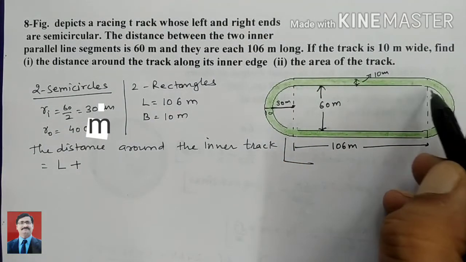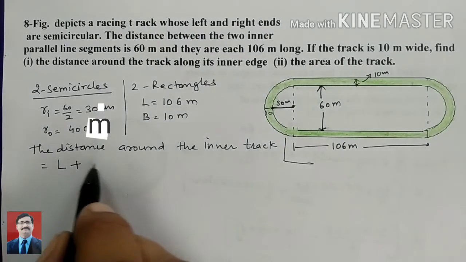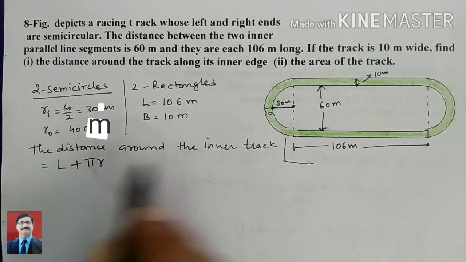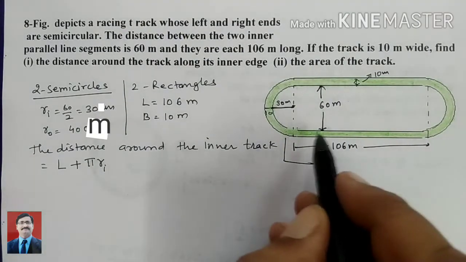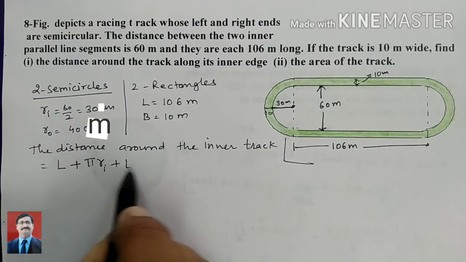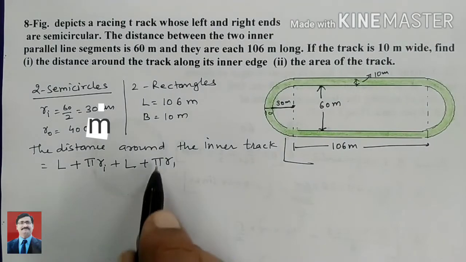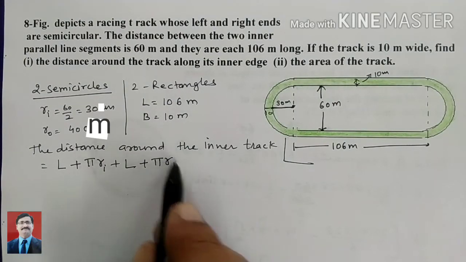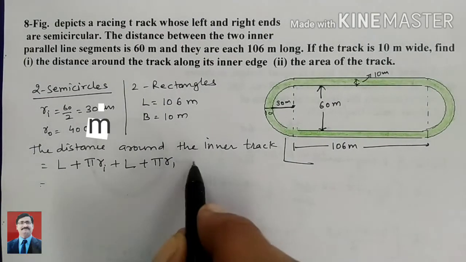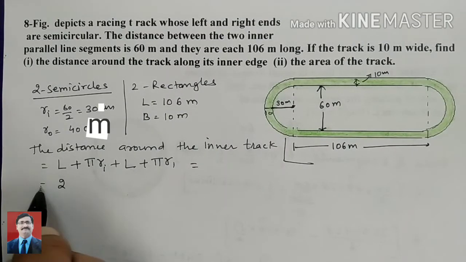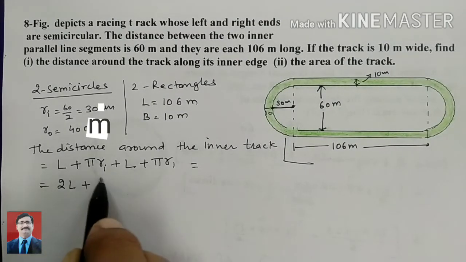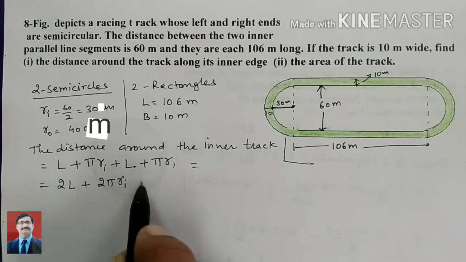Second we have this semicircle, so we have pi r inner, then again we have length, then again we have pi r. This is the semicircle. Length and length will be double, 2l, and we also have 2 pi r inner.